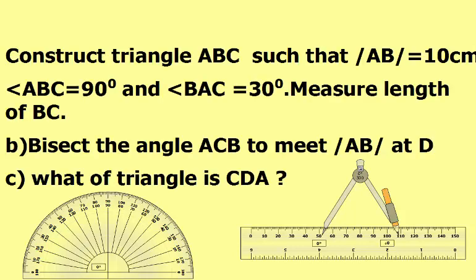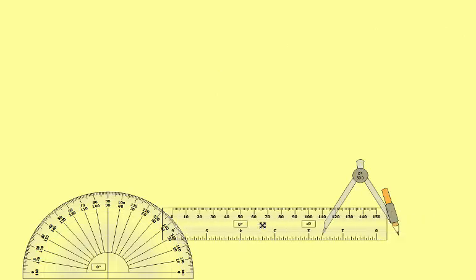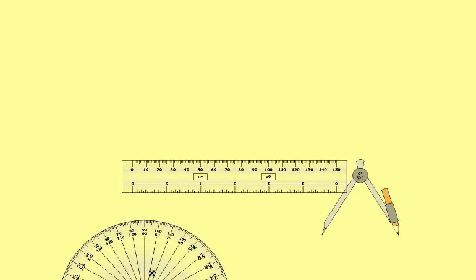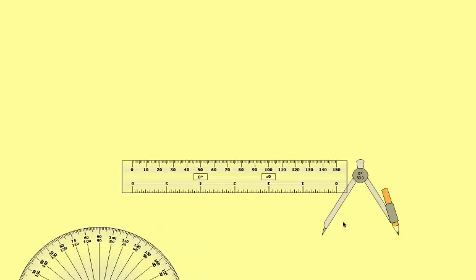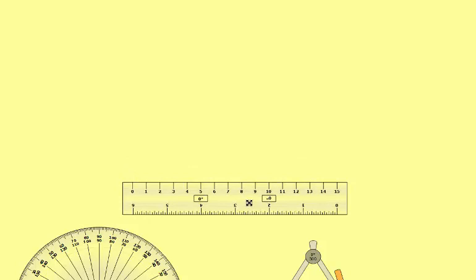So the first question says triangle ABC such that AB, so the AB is going to be our baseline. So let's move to AB with the ruler. We need to convert it to centimeters. So let's see how to convert our ruler to centimeters. The scale, the one at the top, is going to be centimeters. So 10 centimeters.